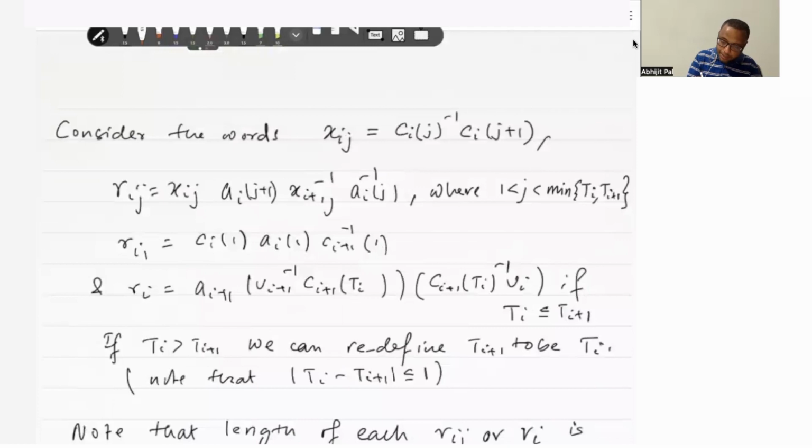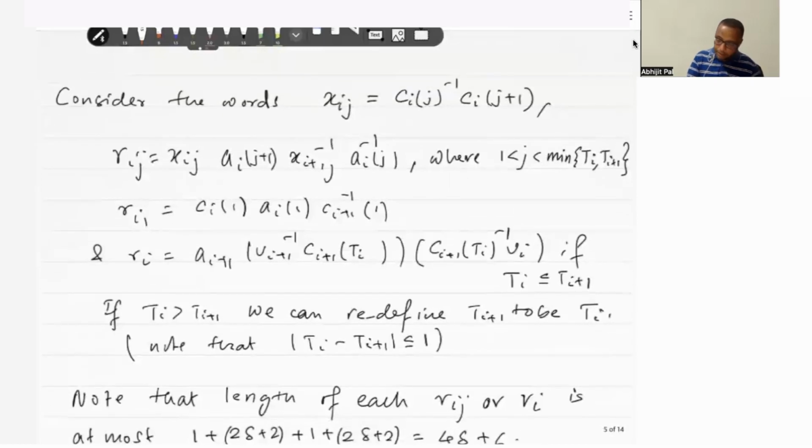And now let us consider the words Xij to be equal to Cij inverse Ci j plus 1. And let us take this Rij to be equal to Xij times Ai j plus 1, Xi plus 1 j inverse, Aij, and take the inverse of this thing.